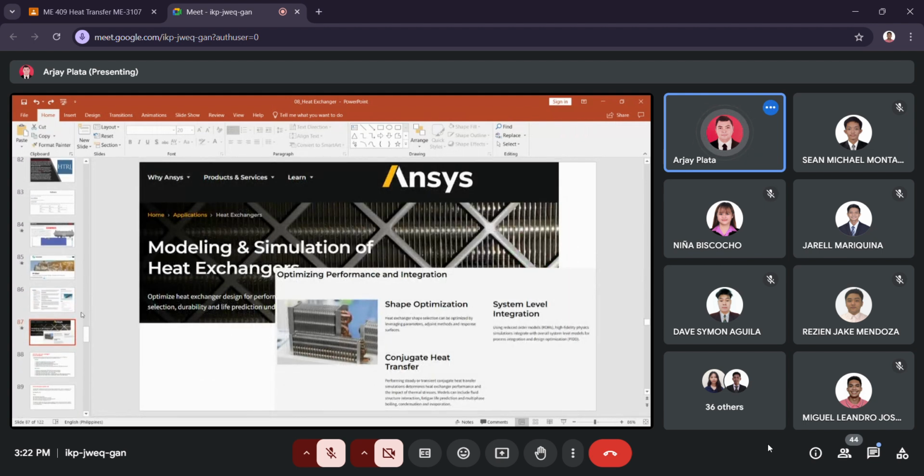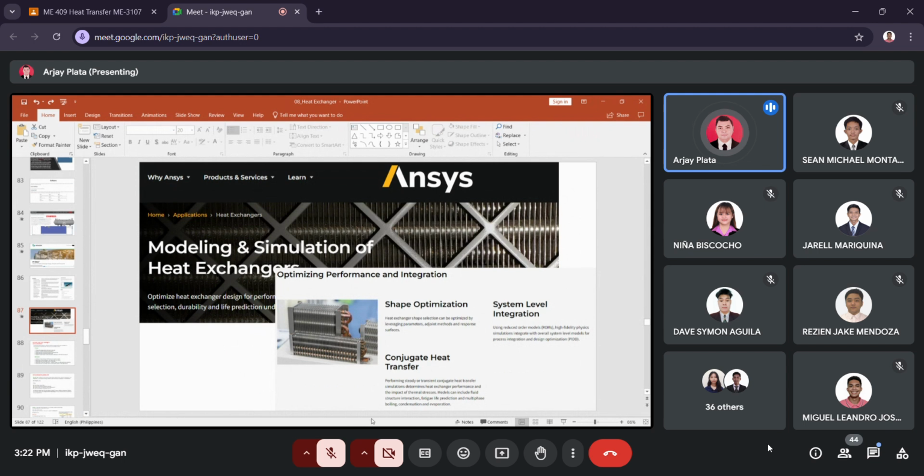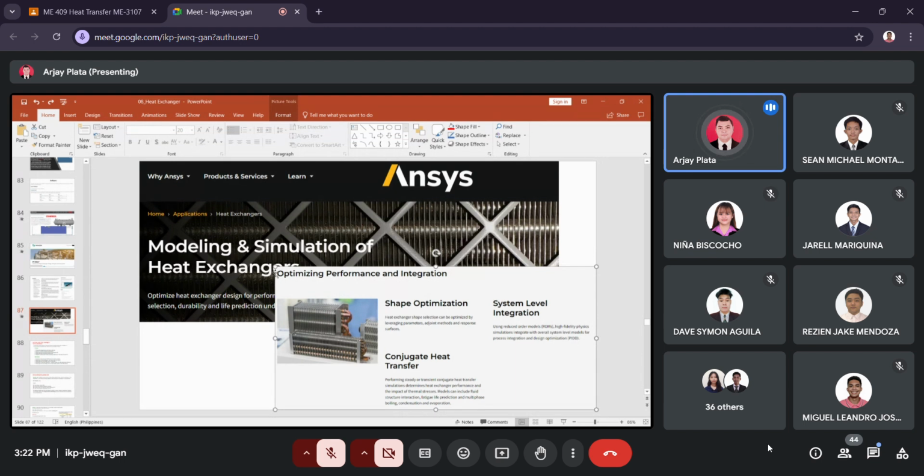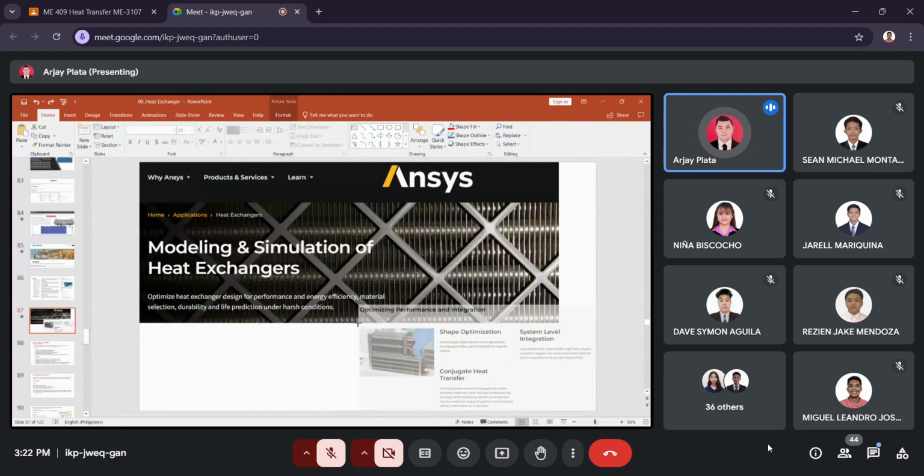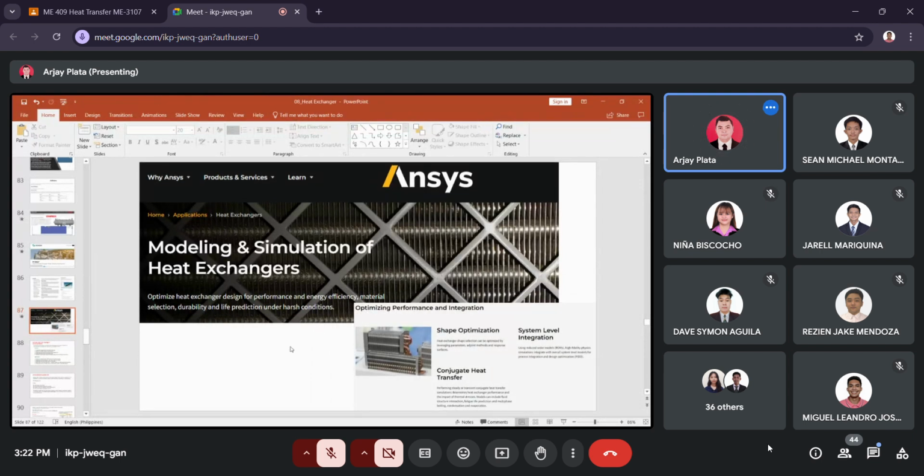Lastly, we have the ANSYS software. This is free, and hopefully you already have installed it, because you will use it during modeling and simulation of heat exchangers. It optimizes heat exchanger design for performance and energy efficiency, material selection, durability, and life prediction under harsh conditions.